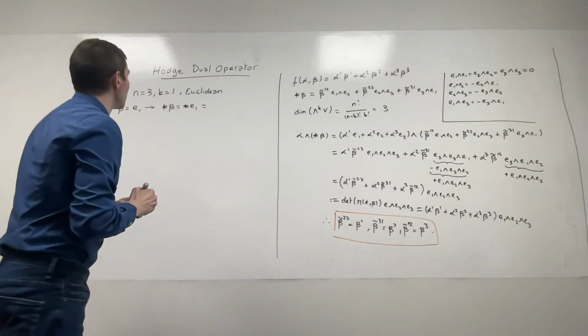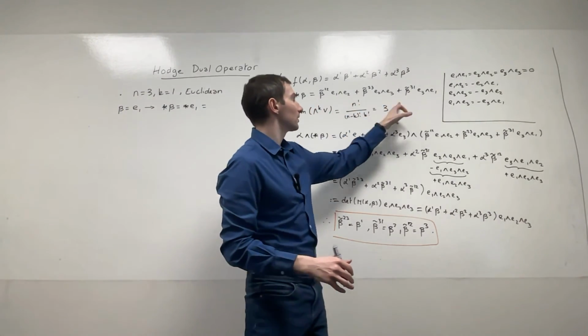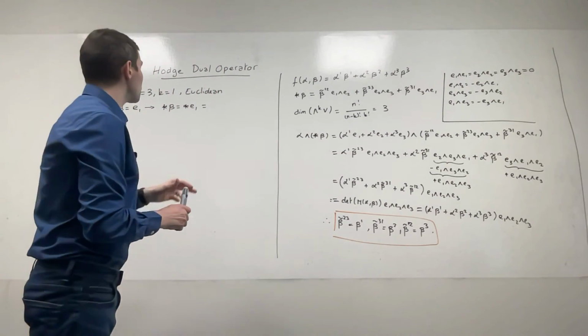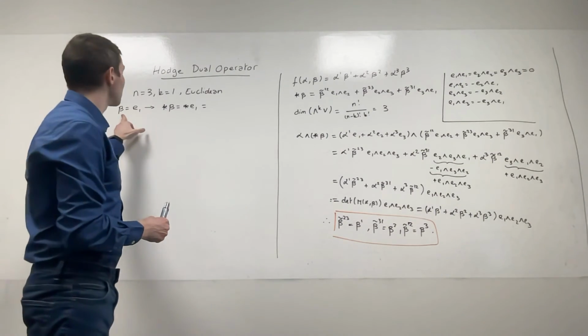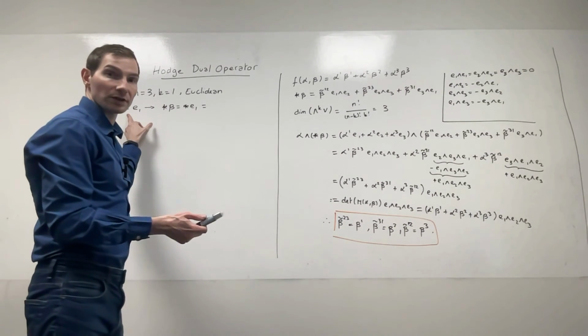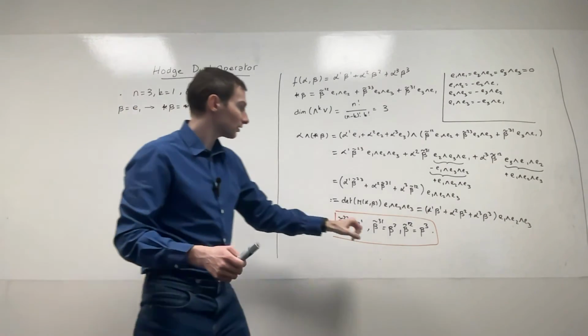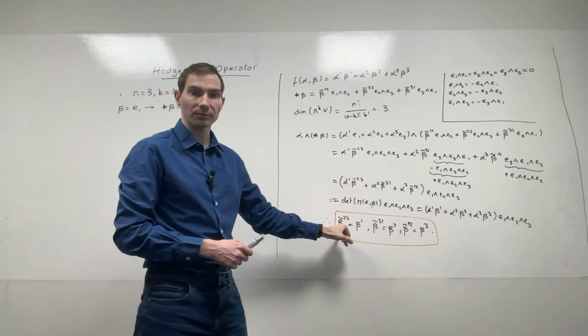So remember that Hodge beta is going to have this particular form here, okay? It's going to have this form, and then I need to check which ones are non-zero. So the only beta that is non-zero here, the only coefficient of beta that is non-zero, is beta 1, okay? So then I need to look here. Beta 1 is actually equal to beta tilde 2 3, okay?